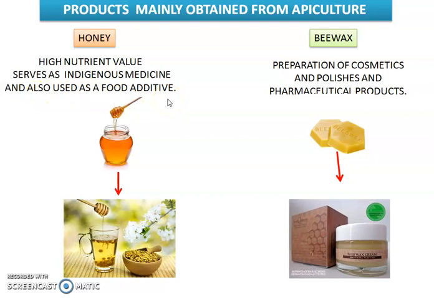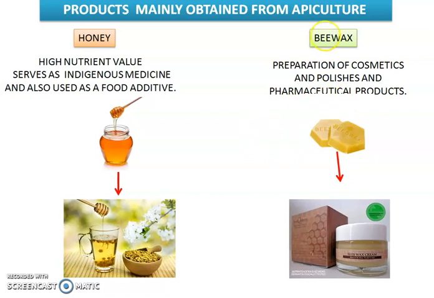Like you can use honey with bread or puri or chapatis, any type of food, you can take it as an additive. Bee wax is used in preparation of cosmetics and polishes, any kind of polishes. It could be nail polishes, polishes of shoes, polishes of the building paints, used in paints, etc.